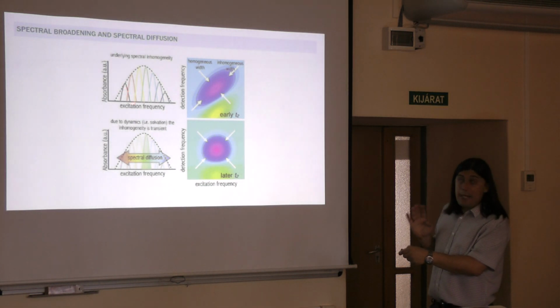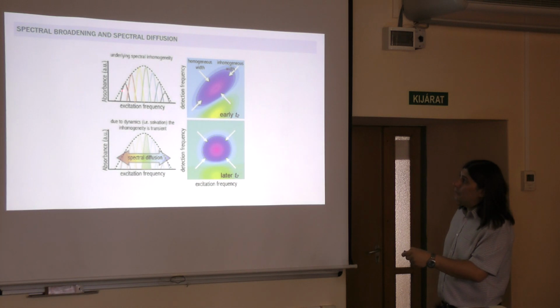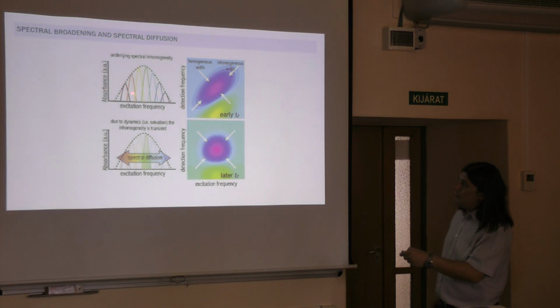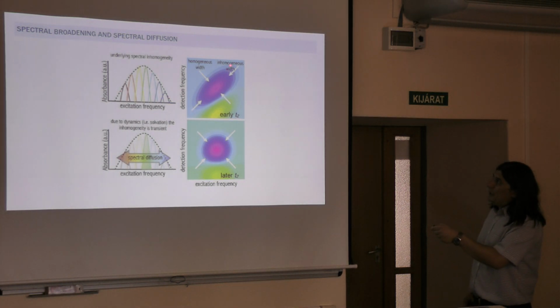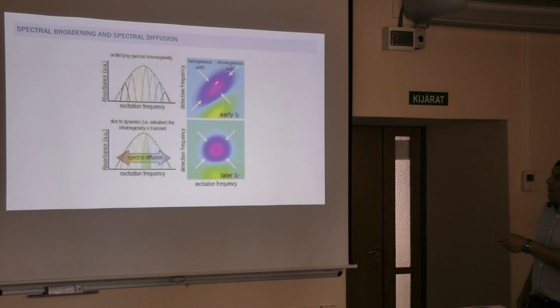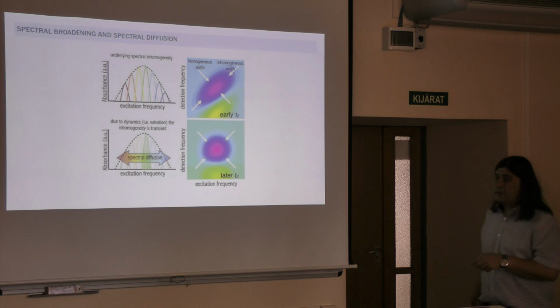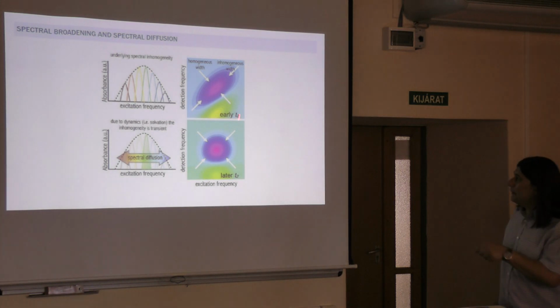It may or may not. If it fluctuates over time, that means it moves along the frequency. Then what we will observe is that the initially inhomogeneous band starts to diffuse and becomes more uncorrelated or more circular.